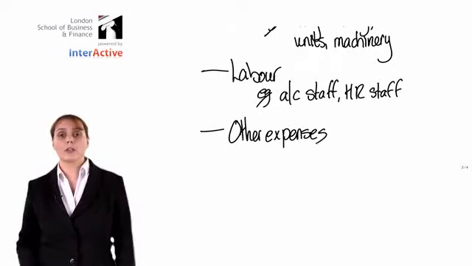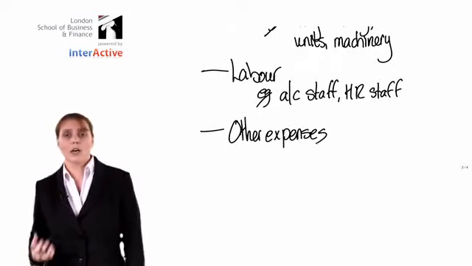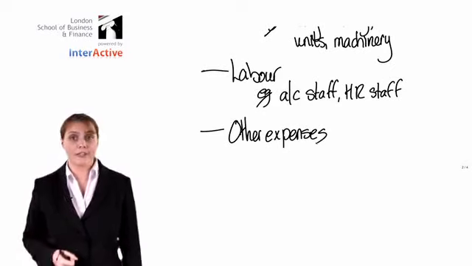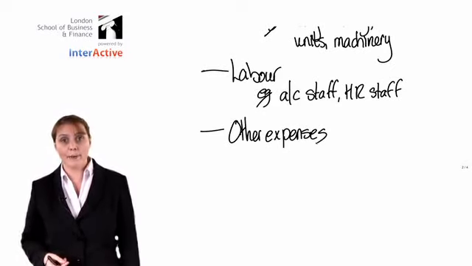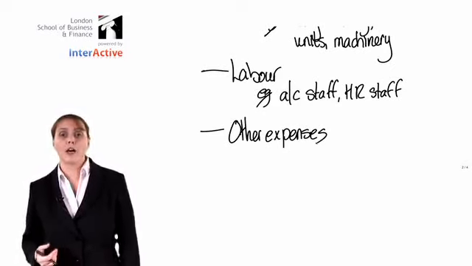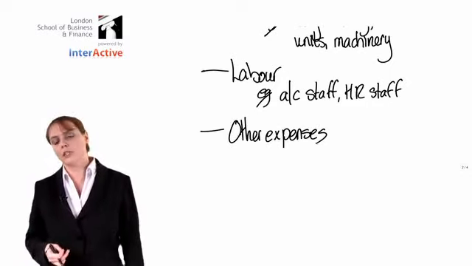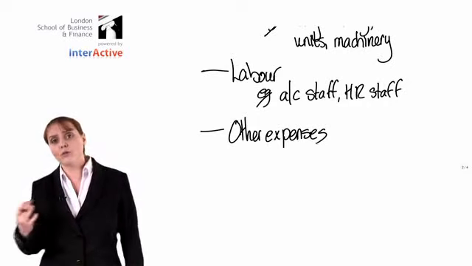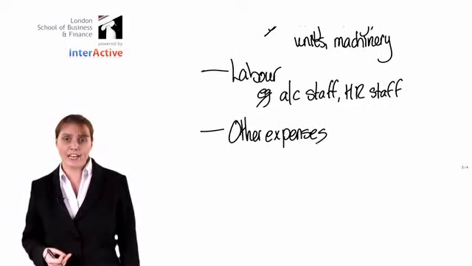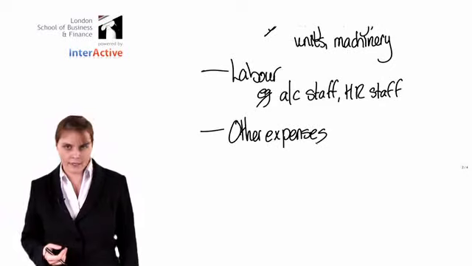Very simply put, other expenses are costs which are not material costs and not labor costs. So they are not things we can physically reach out and touch. They are not tangible goods we are buying. And they don't relate to the salary or wages paid to our employees.